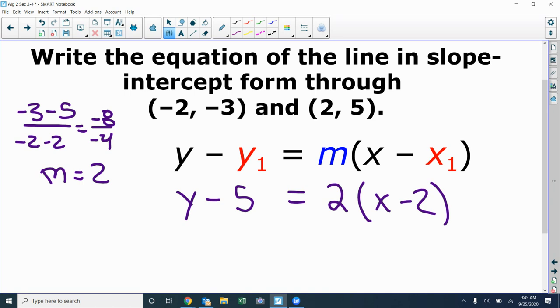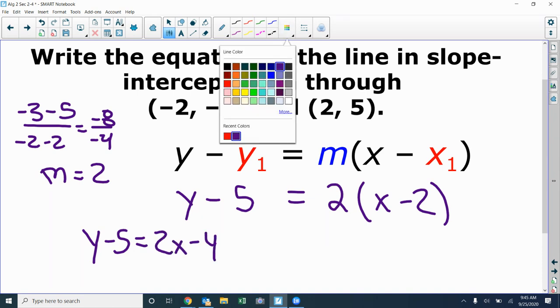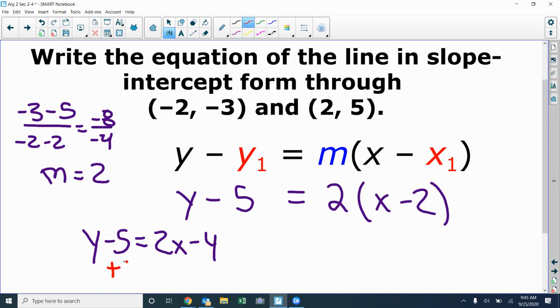Distribute the 2 and simplify. So if I take that 2 on out, we're looking at y minus 5 equal to 2x minus 4. I'm going to add 5. So our final simplification would be y equals 2x plus 1.